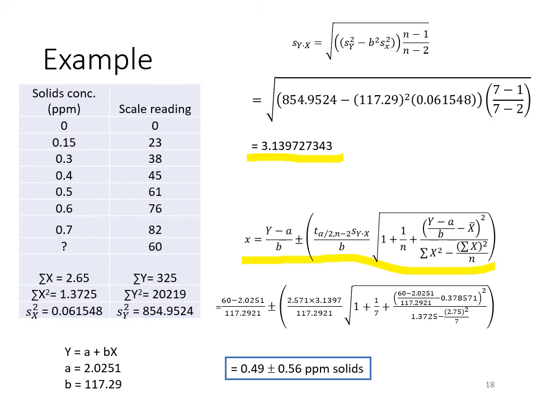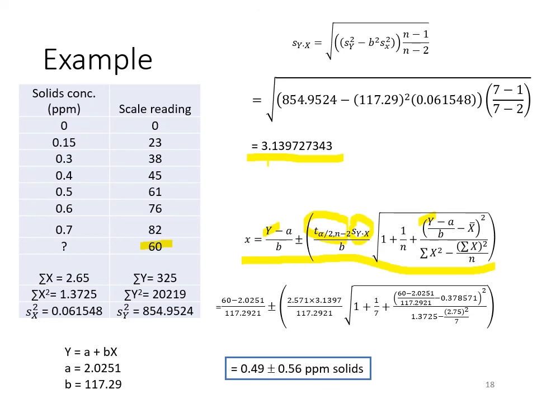We then substitute into this equation here. The value of y is 60, so we can substitute that. A is your intercept, B is your slope. This t is the value that we just determined, the 2.571. The standard deviation of y on x is given right here.